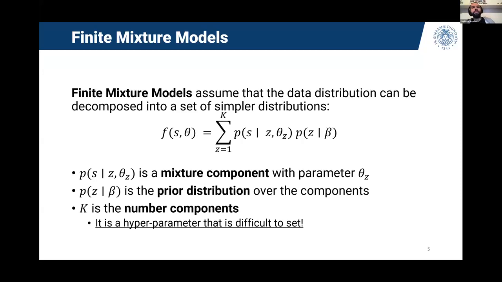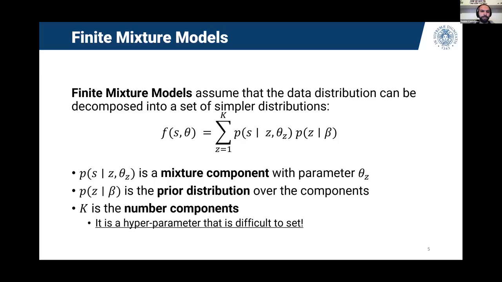So the mixture component represents the simpler distribution, the smaller distribution in the mixture model. The theta are the parameters of the mixture components, or the parameters of the simpler distributions that approximate the complex one.